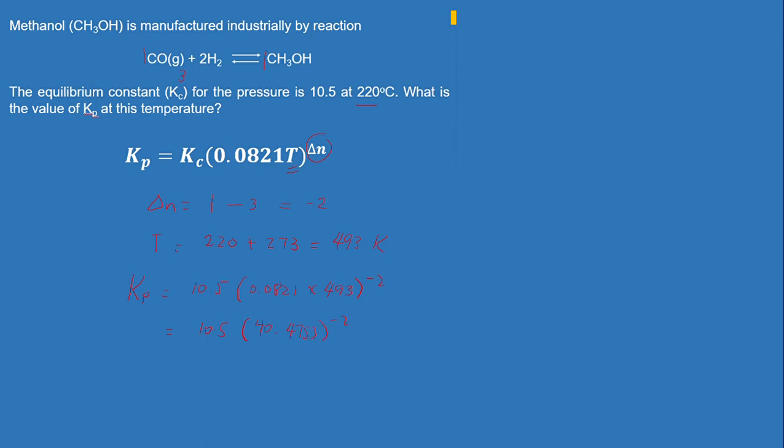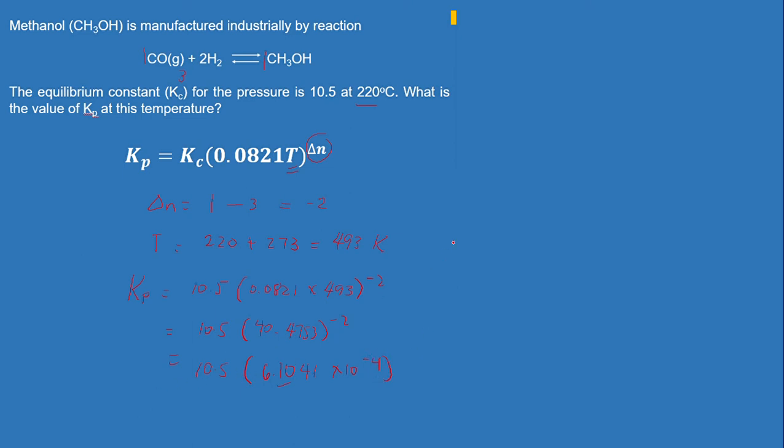So, erase na natin siya sa negative 2. You will get 10.5 times 6.1041, i-round off na lang natin siya tapos 2 decimal places mamaya, pero mag-extend tayo hanggang dito, times 10 to the negative 4th power.